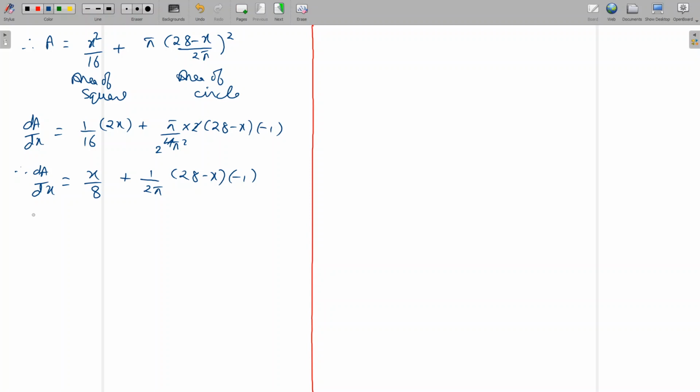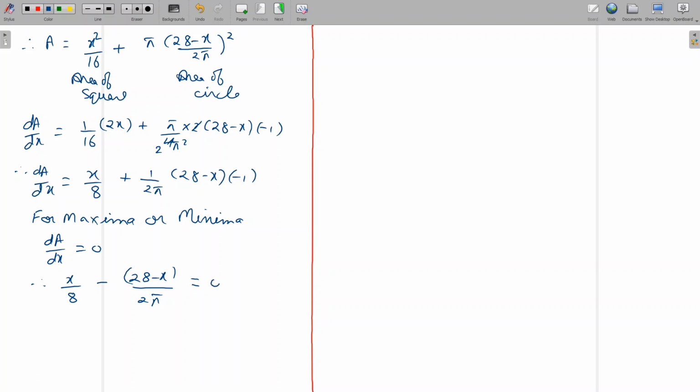Now for maxima or minima, we know that dA by dx should be equal to 0. Therefore we get x by 8 minus 28 minus x over 2 pi equal to 0.